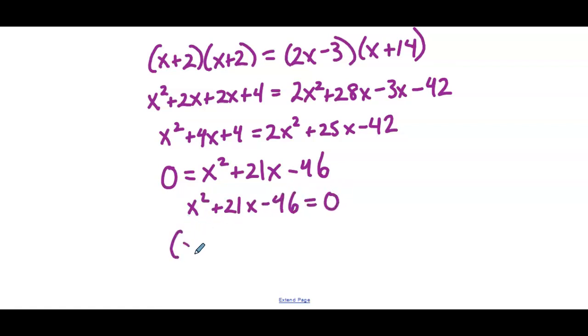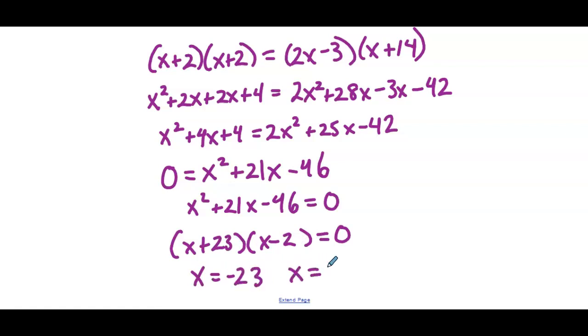So we factor. We need a factor pair of negative 46 that adds to 21. That would be positive 23 and negative 2. So x equals negative 23, or x equals 2. Those are the two possible x values that would make this sequence geometric.